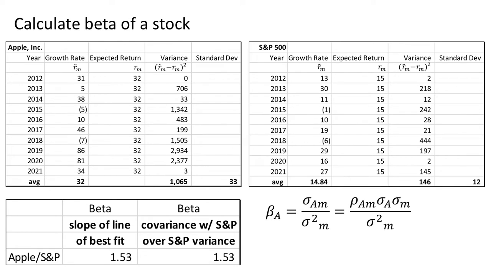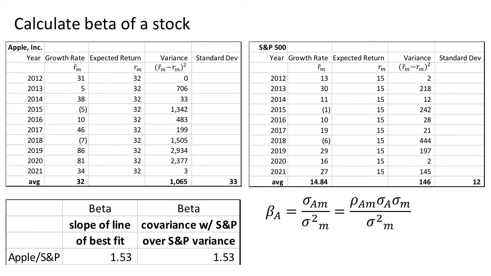Here's the idea. We'll plot the growth rates for the S&P 500 on the x-axis, the growth rates for Apple Inc. on the y-axis. We will get 10 ordered pairs, and we will create a line of best fit for those 10 ordered pairs using least squares regression.